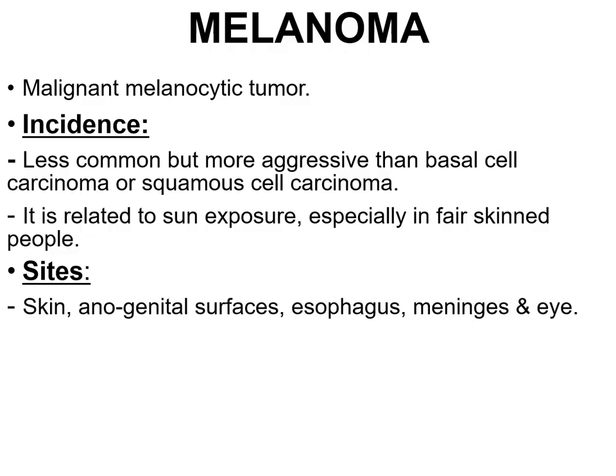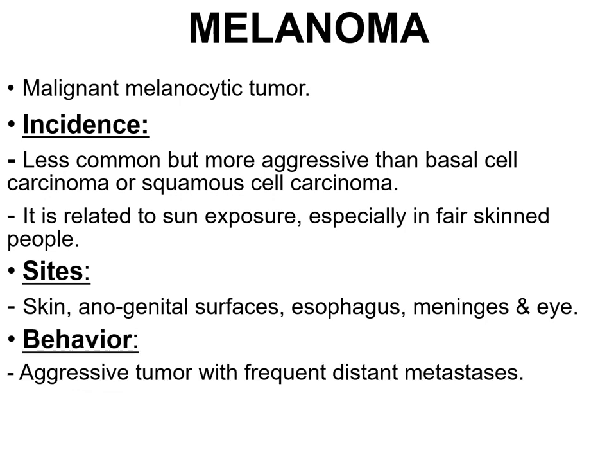It is more common in skin, in anogenital surfaces around the orifices, as we said, oral cavity, tongue, genitalia, anorectal area, esophagus, meninges, and uvea of the eye. As we said, melanocytes are present in the skin, in the meninges, in the uvea of the eye, and in the inner ear. So all these places are subjected to incidence of melanoma.